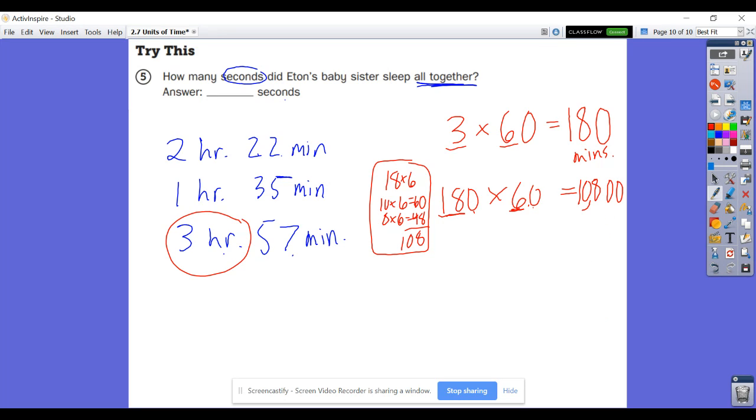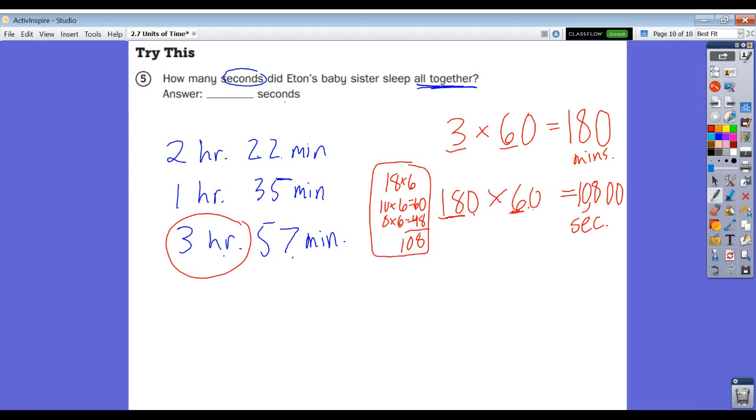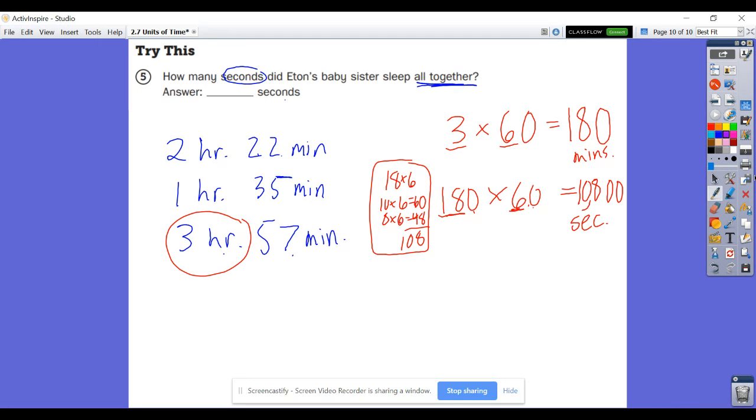So we think this is 10,800, what units? Seconds. Now we finally got it to seconds. Okay, but we're not there yet because we still have to deal with this 57 minutes, right? You see why we did this one together?